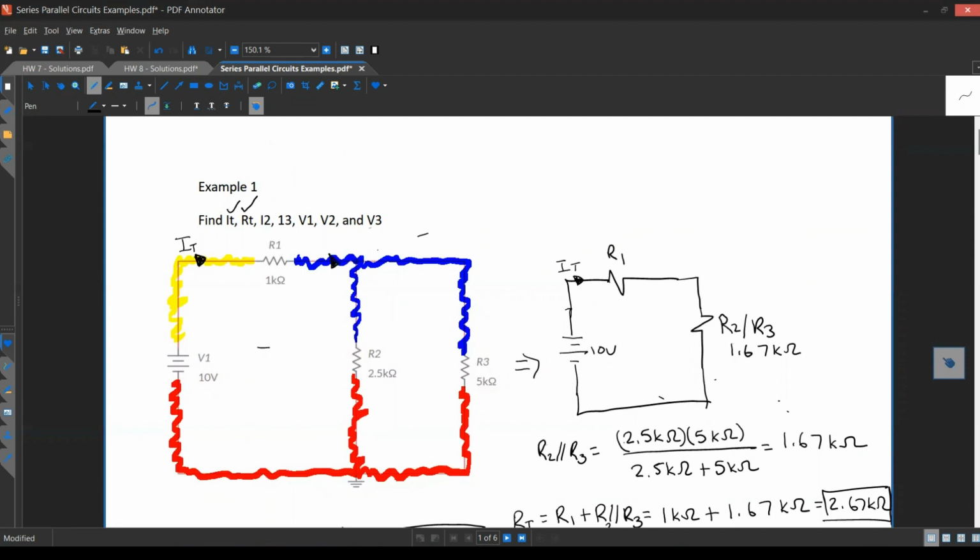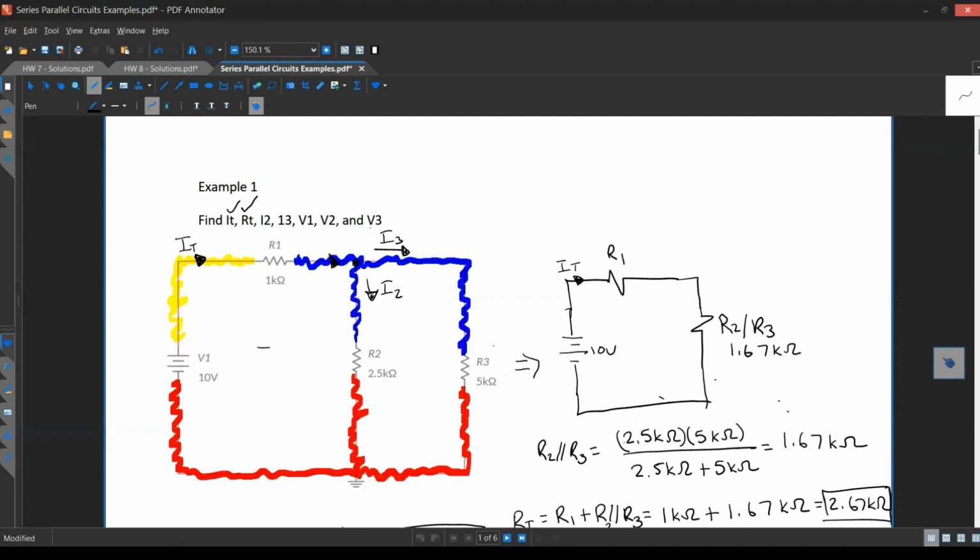So current gets to this junction right here, and now you get I2 flowing in that direction, then you get I3, which is flowing in that direction.